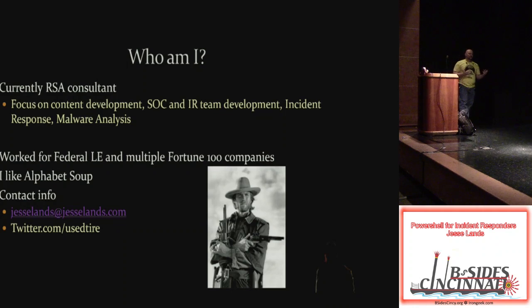My primary focus, in all honesty, is doing SOC evaluations, use case scenarios, working with the actual teams to try to improve their team, or just acting as a team member for them. I've worked for some Fortune 100 companies. I've worked for federal law enforcement agencies, and like a lot of you, I've got a full complement of alphabet soup that I could put behind my name, which you really don't care about. And you can find me on Twitter, where I bitch about customers a lot.